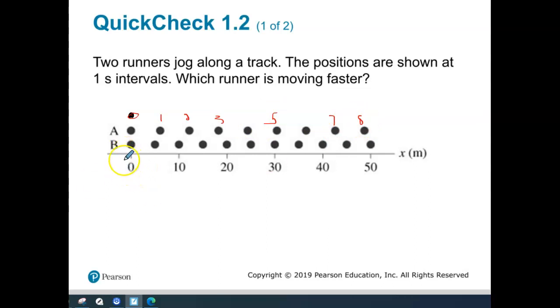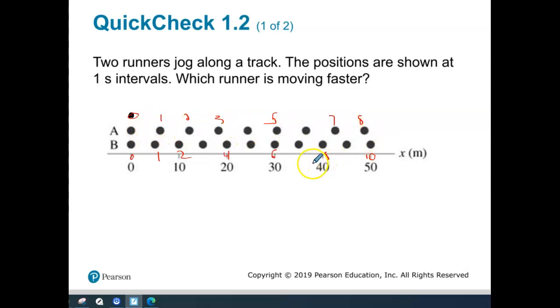And if I do the same thing for B, it'd be 0, 1, 2, 3, 4, 5, 6, 7, 8, 9, 10. So it looks like maybe I counted wrong. 1, 2, 3, 4, 5, 6, 7, 8, 9, 10. No, I did it right. 0, 1, 2, 3, 4, 5, 6, 7, 8.